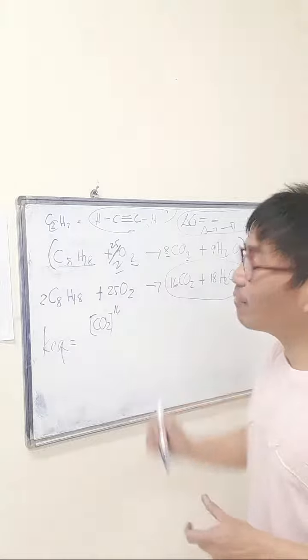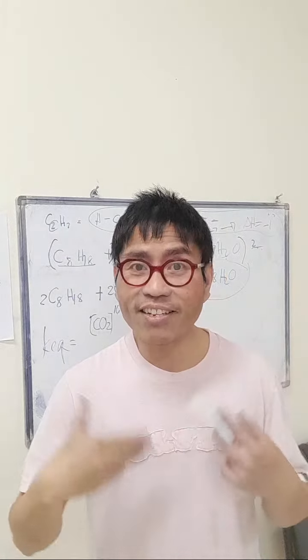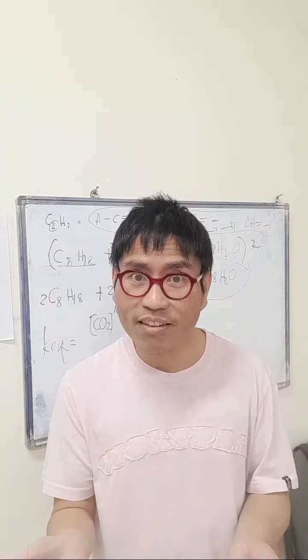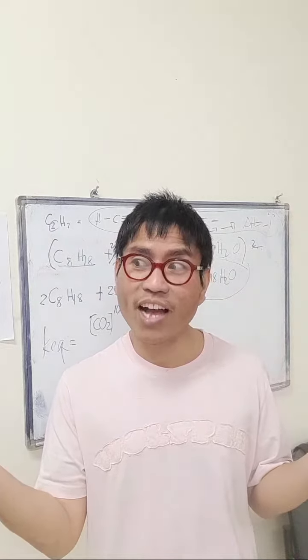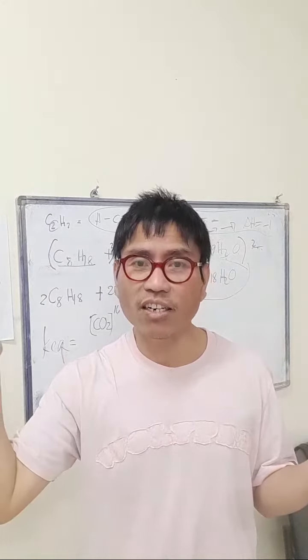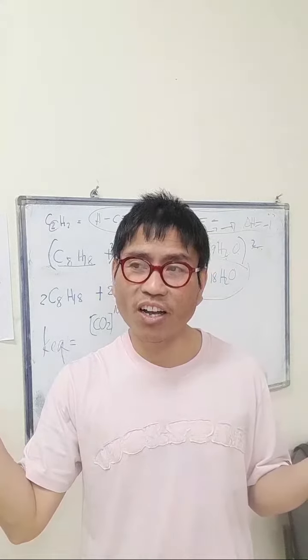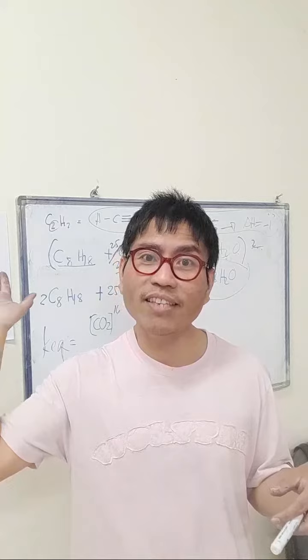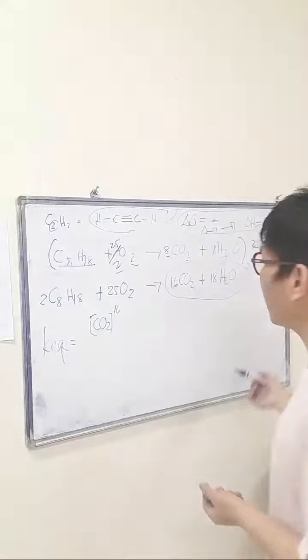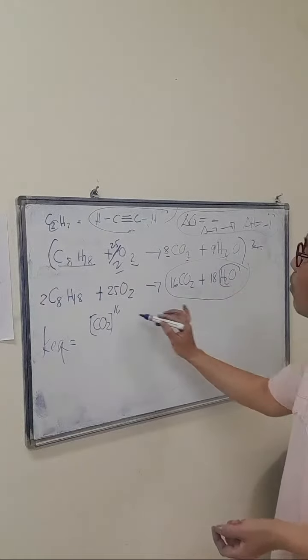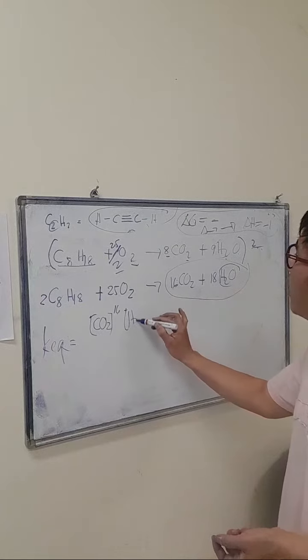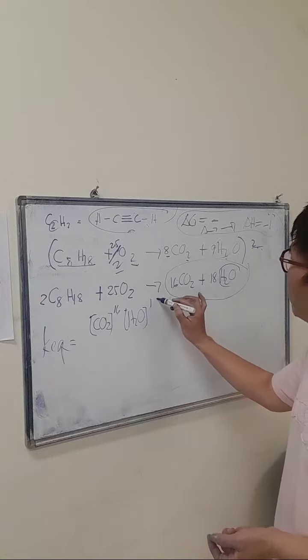Imagine, the carbon dioxide concentration is raised 16 times in the gasoline chemical reaction inside your car, if you start your car going from here to Riyadh City, something like that. Now we have water. Concentration of water raised to the power 18.